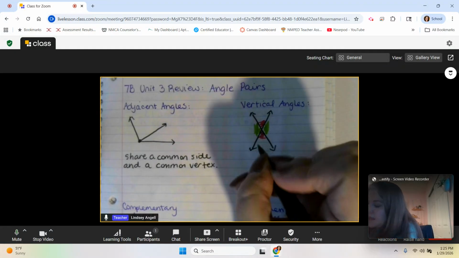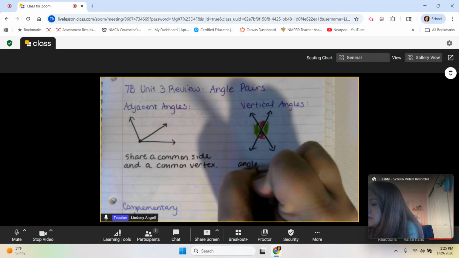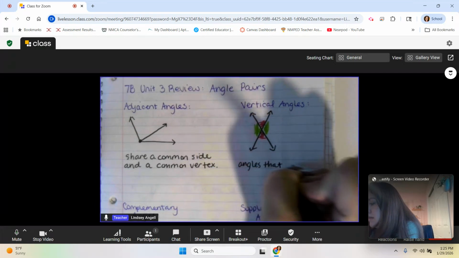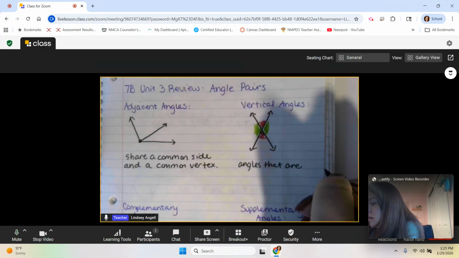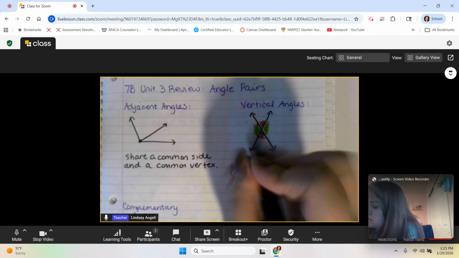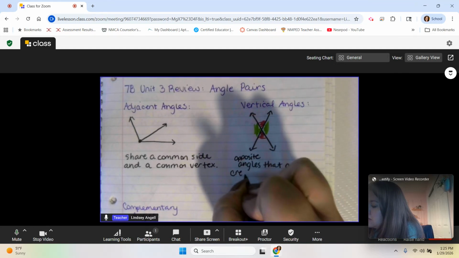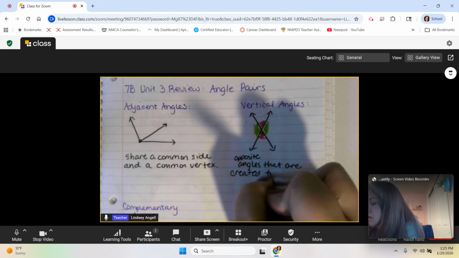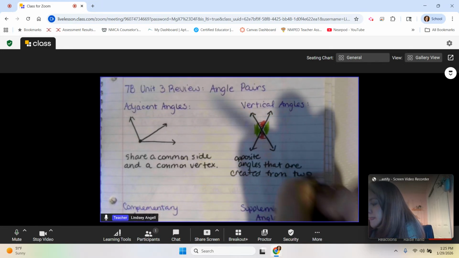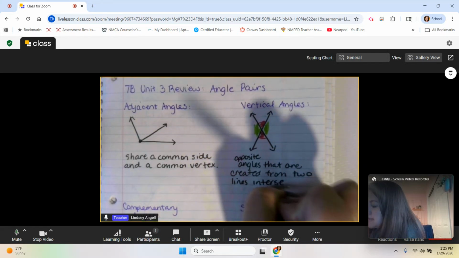All right, knowing that, we can say angles that are, or we should say opposite angles, sorry, that are created from two lines intersecting.